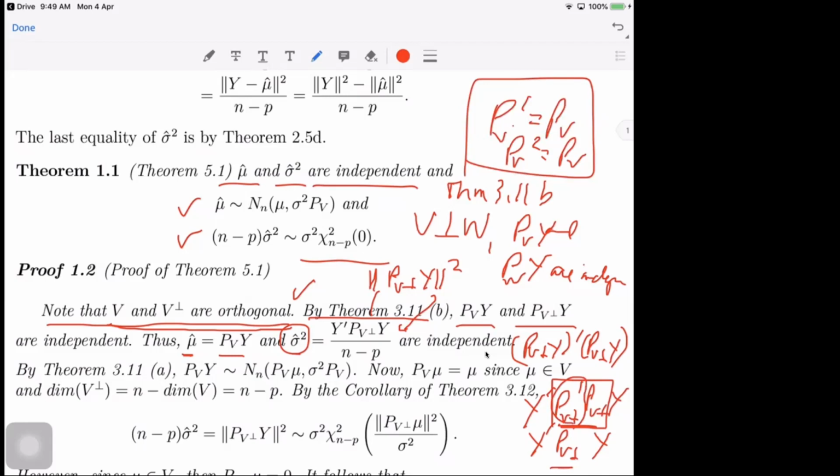So since it is a function of projections onto b perp, then we say that mu hat and sigma hat square are also independent, being functions of two independent projections also. Do you have questions?